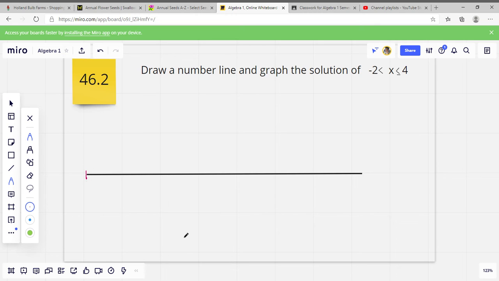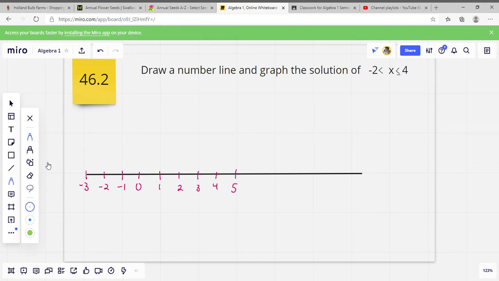So I got -2, so I'm going to start with -3, -4, -5, -6. Wait, I went the wrong way. -2, -1, 0, 1, 2, 3. I need to get up to at least 4, and we'll go to 5.